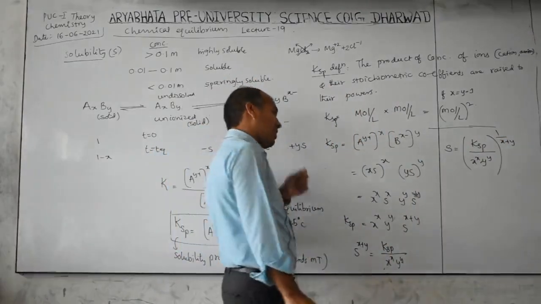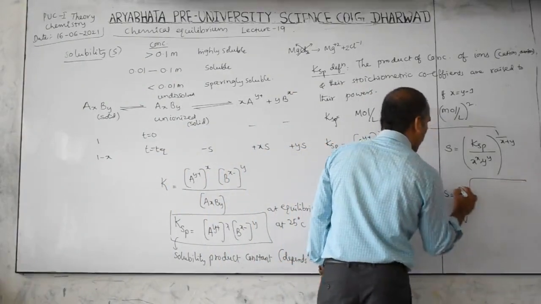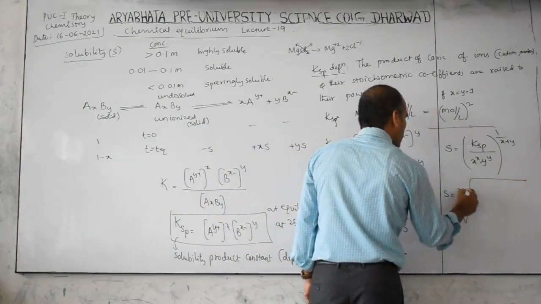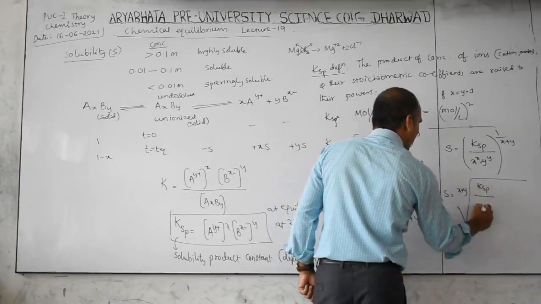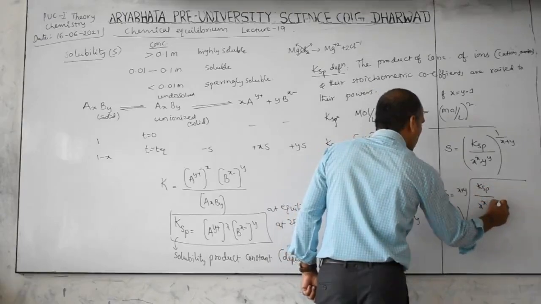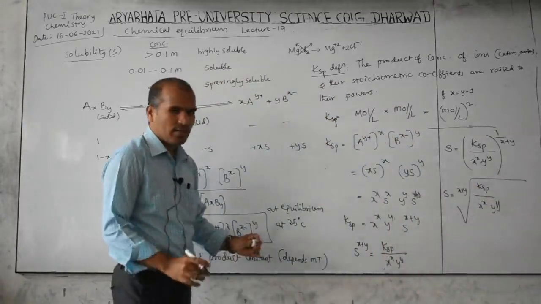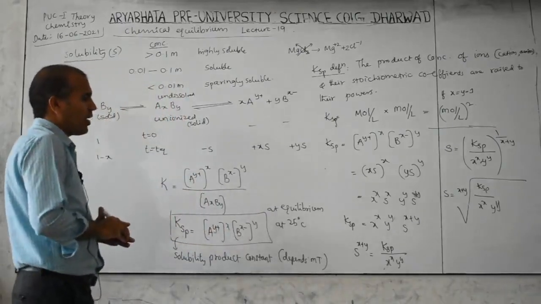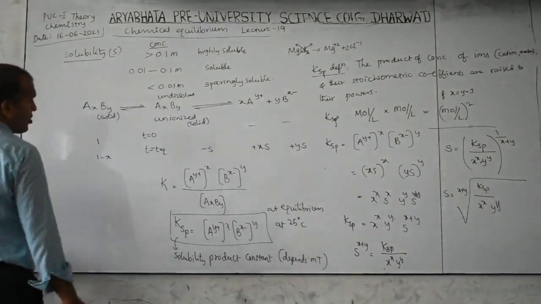Otherwise this can be represented as S is equal to the (x plus y)th root of Ksp by x power x, y power y. Like this it is also represented. This is about the solubility product, and this is generally applicable for a saturated solution.